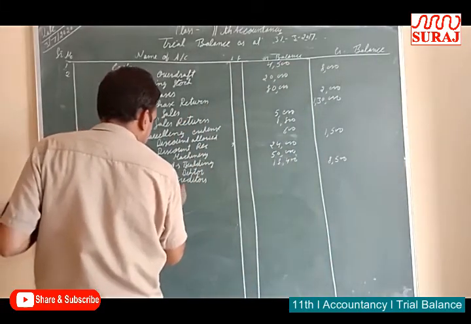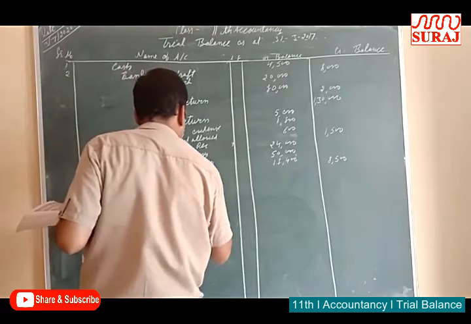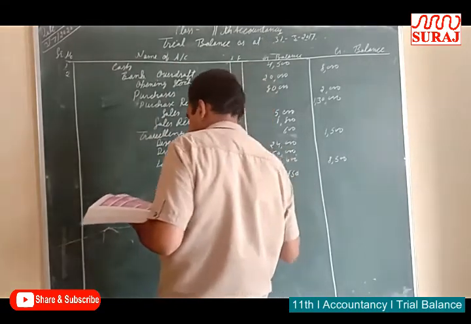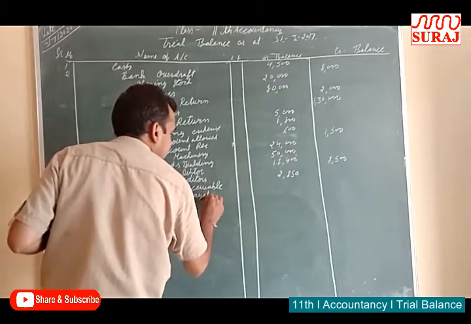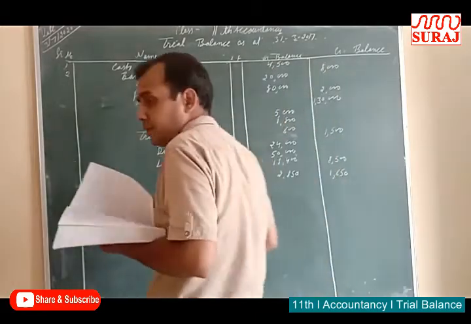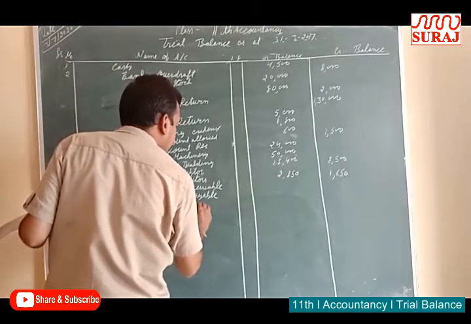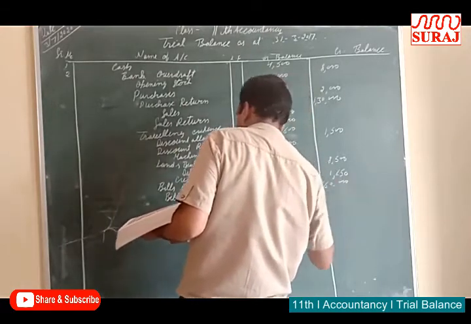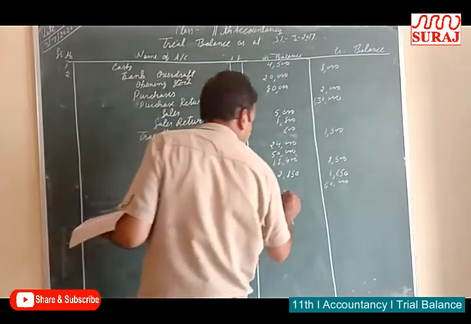Bills receivable, asset, debit balance: 2,850. Bills payable, liability, credit balance: 1,650. Capital, credit balance, an internal liability: 60,000. Drawing, debit balance: 6,000.